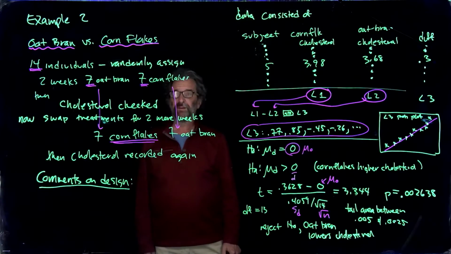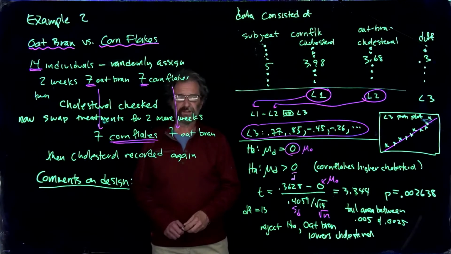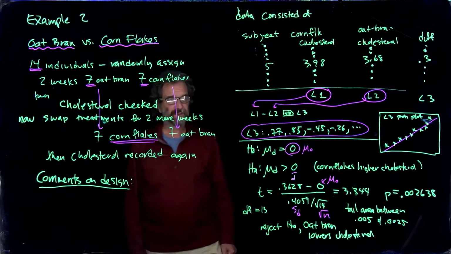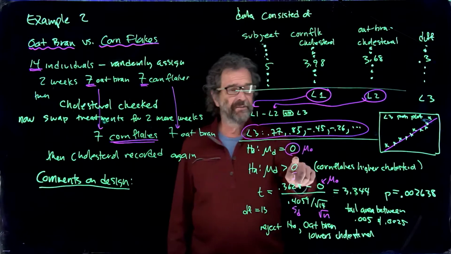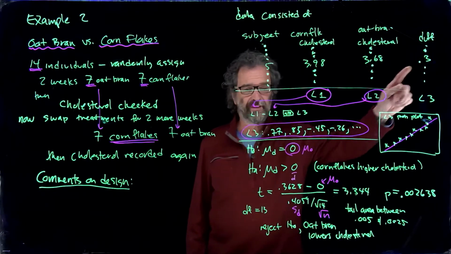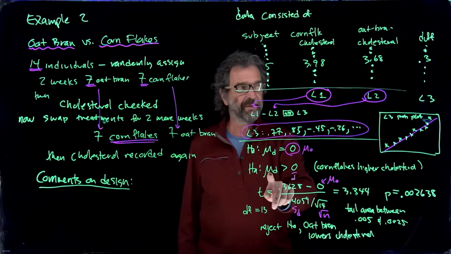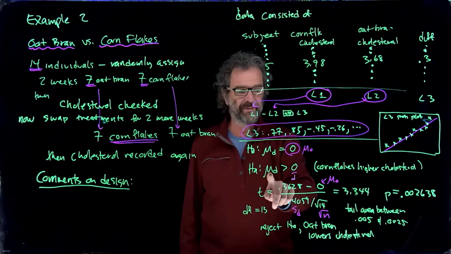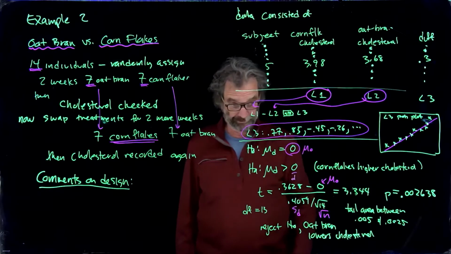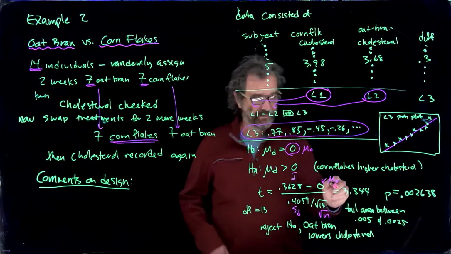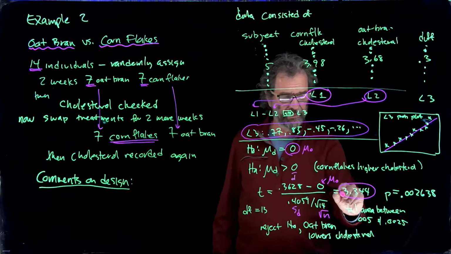So we want to get evidence against the assumption that there's no difference between the cornflake eaters and the oat-bran eaters in the cholesterol levels. If there was no difference, then these differences on average should be 0. That's what we're saying here. If oat-bran made a difference, we'd expect those differences on average to be greater than 0. And we're trying to show this. So we set up the test statistic, and we're happy to see, if you're an oat-bran eater, that we got 3.34 for T.